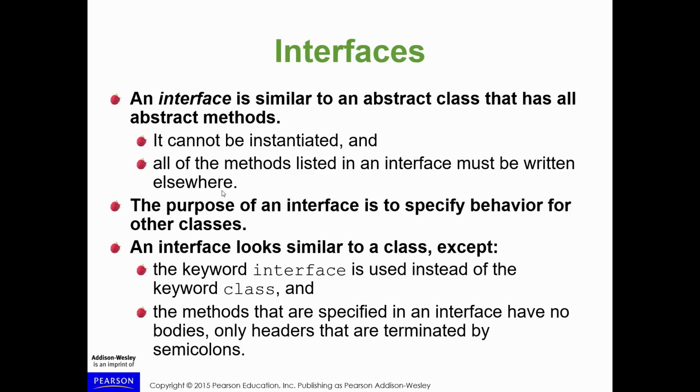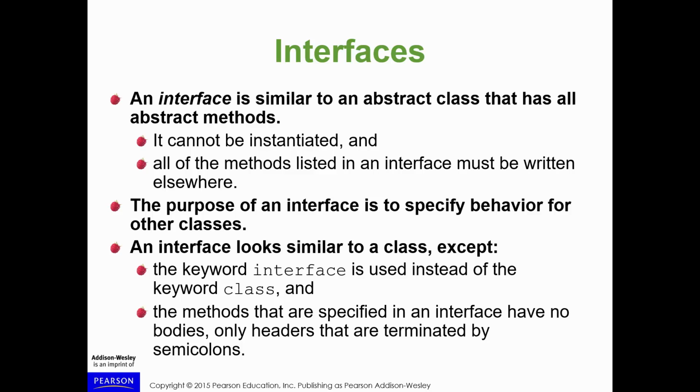One of the things that Java does is Java supports inheritance. That's what this chapter has been about. But Java only supports what's called single inheritance. What that means is that Java classes can have only one parent.